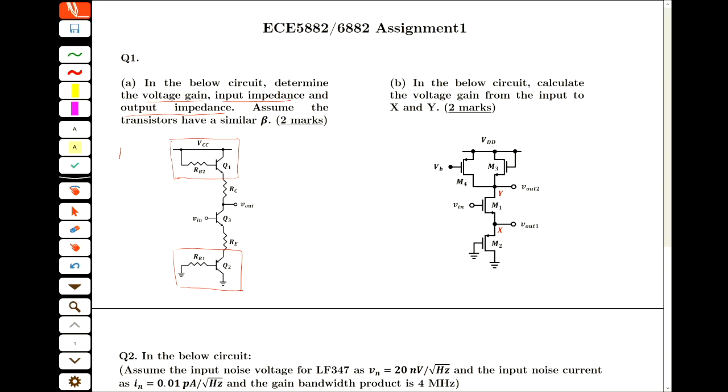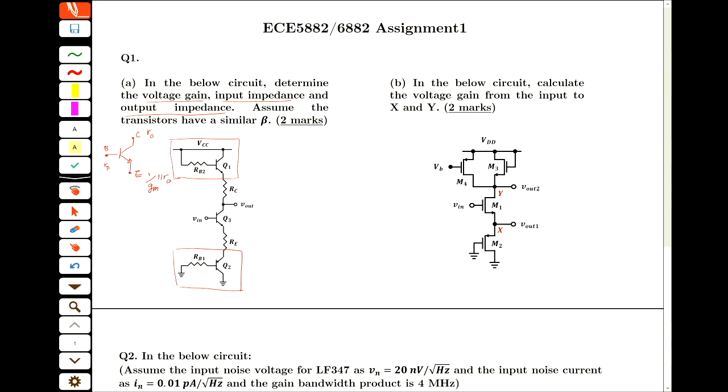I'll just write it here again. We have an NPN with base, collector, and emitter. The equivalent impedance of this transistor from the base equals R pi, from the emitter is 1 over GM in parallel with RO, and from the collector is RO.